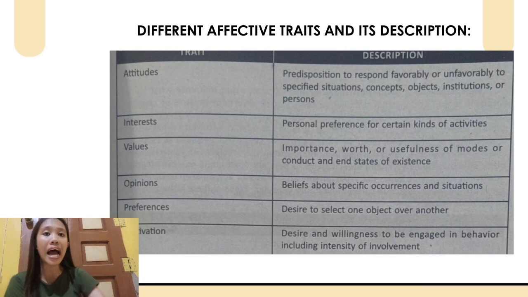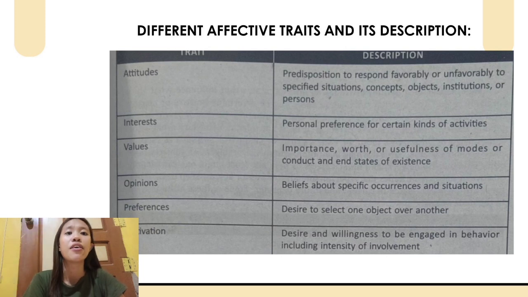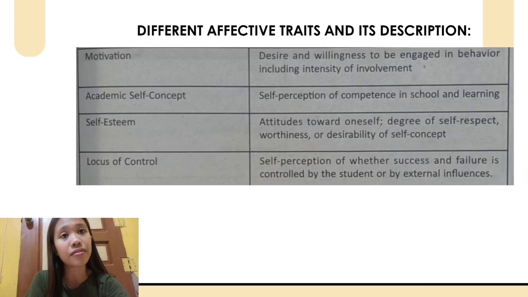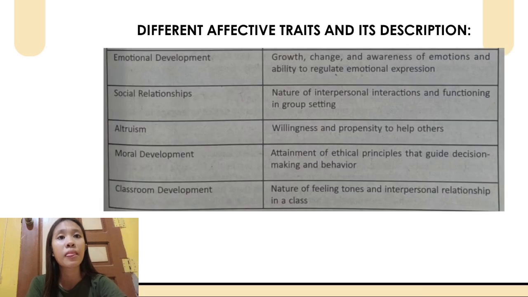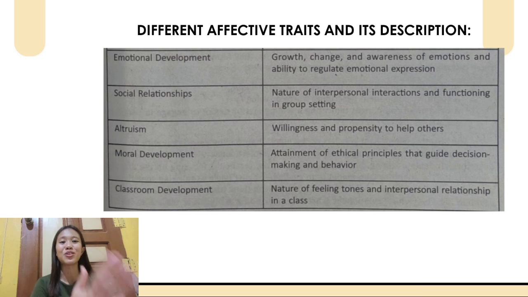We have a lot of traits: attitudes, interests, values, opinions, preferences, motivation, academic self-concept, self-esteem, locus of control, emotional development, social relationship, altruism, moral development, classroom development. So you can just pause and read the description on the other side.